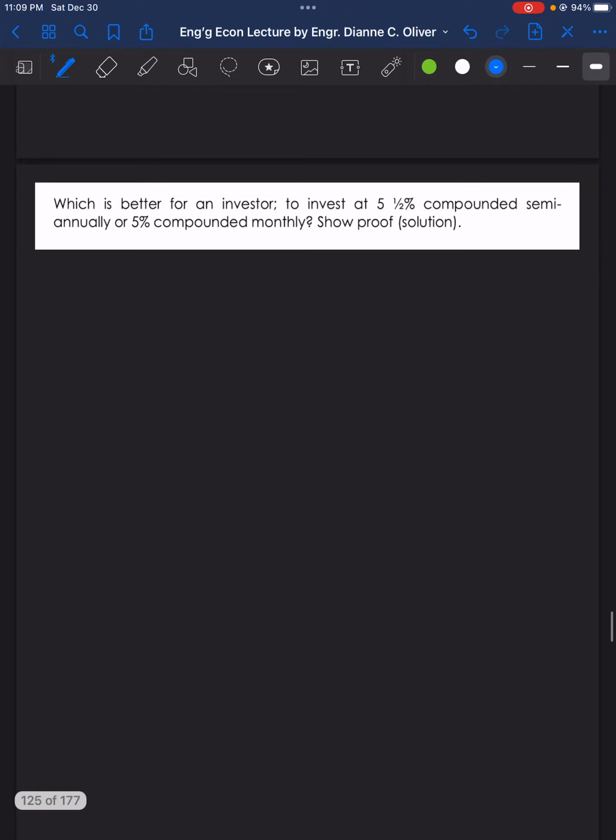Now for our last problem, number 5. Which is better for an investor? To invest at 5.5% compounded semi-annually or 5% compounded monthly? Show proof or the solution. So we're going to make a comparison between these two.